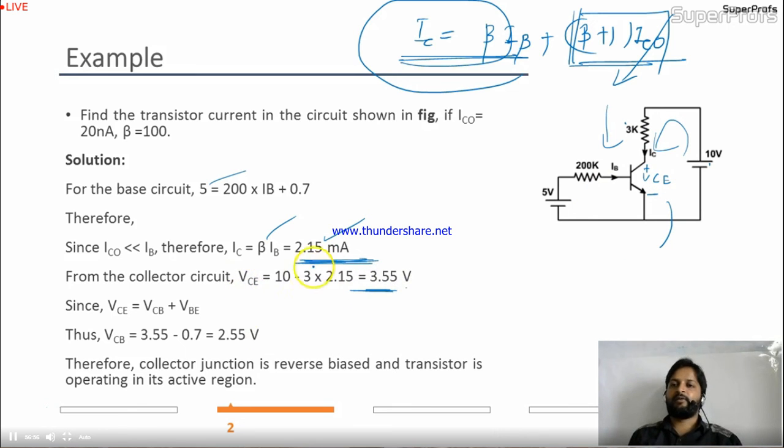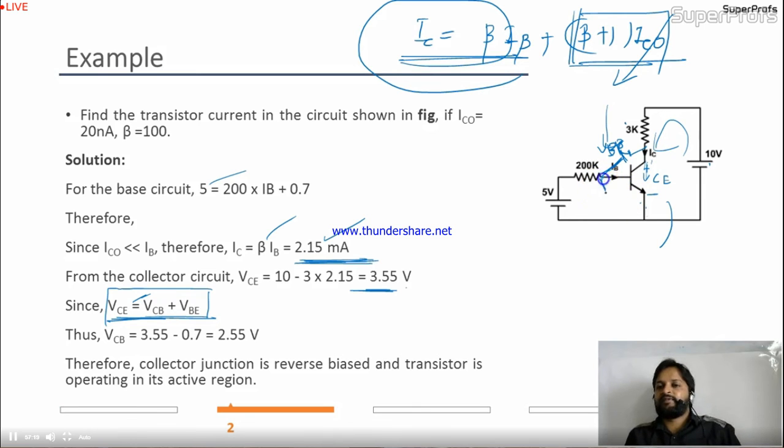Okay. Now VCE is equal to VCB plus VBE. Where is the CB? See, here is the CB or not? This is the base and this is VCB or BC. Let's take it BC.